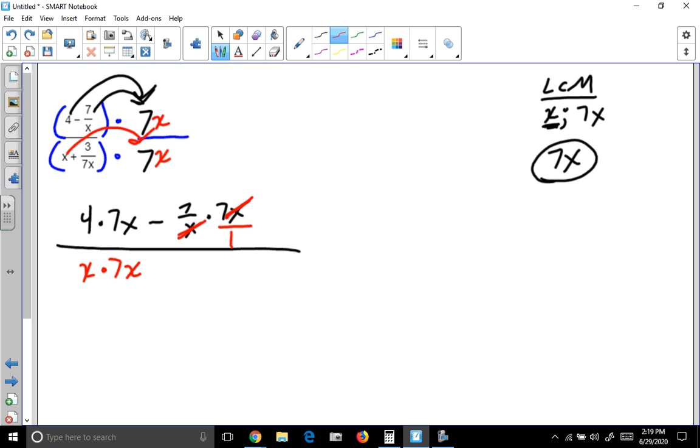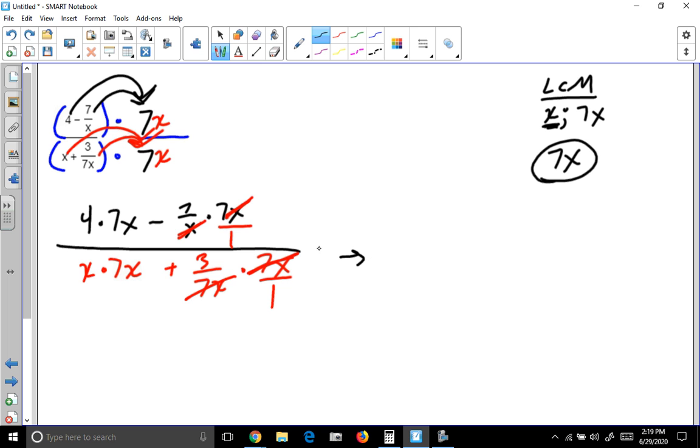That doesn't make anything go away, but we have to do that because we have to multiply everything by the same thing. And then we're going to multiply that term also by 7x. Since we have a 7x on bottom and a 7x on top, those cancel.